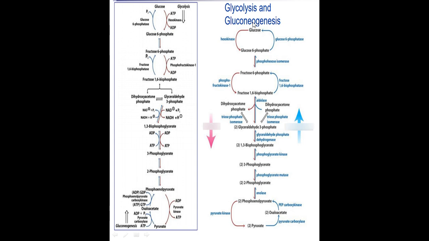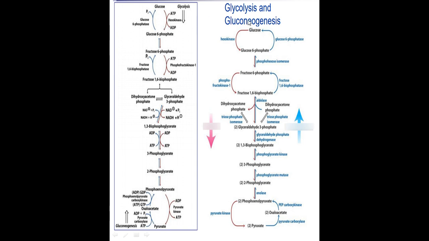The gluconeogenic pathway is a process by which non-carbohydrate molecules are built up through an anabolic pathway to produce glucose. Glycolysis involves the breakdown of glucose to pyruvate, but gluconeogenesis is the opposing pathway, whereby non-carbohydrate sources are combined or anabolized to form glucose.